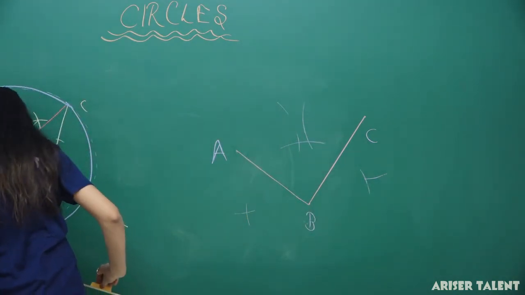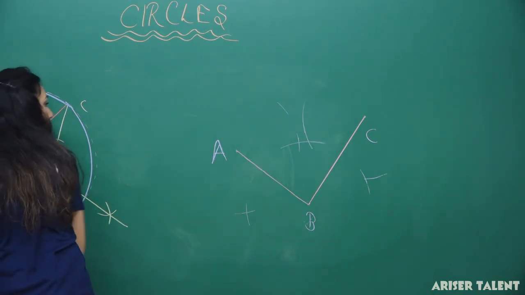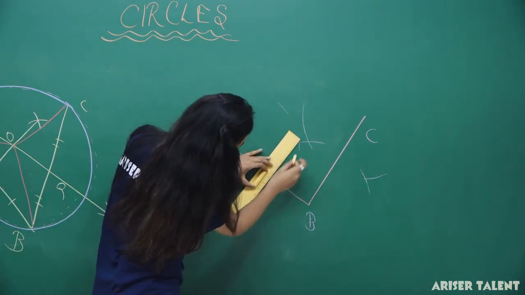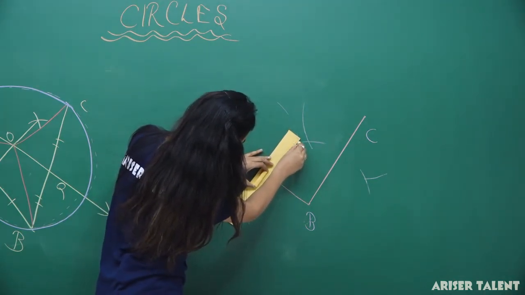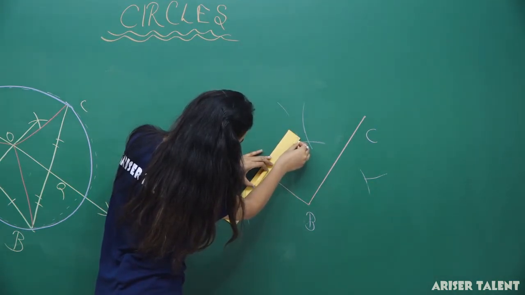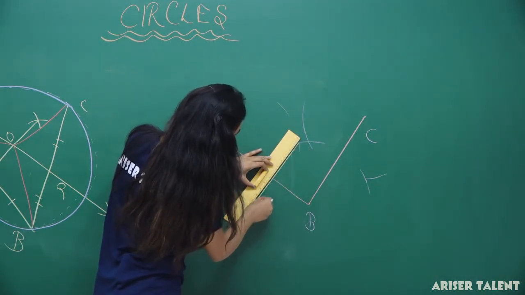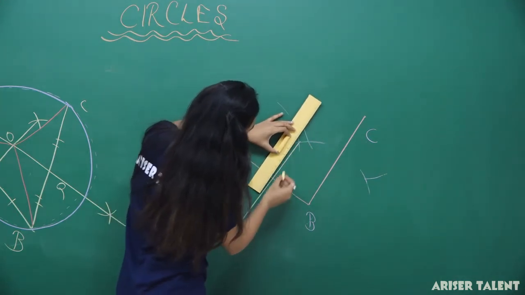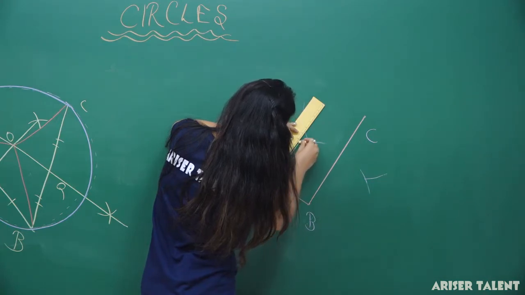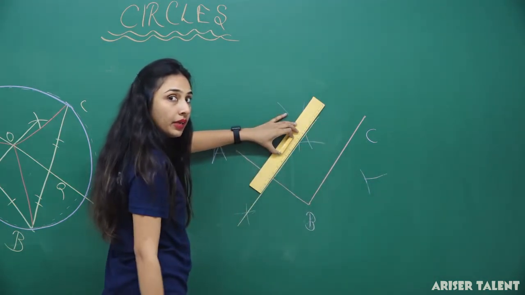Now what you have to do is join these 2 points. This is the first point, this is the second point. In order to draw this perpendicular bisector, you have to join them. Understood?